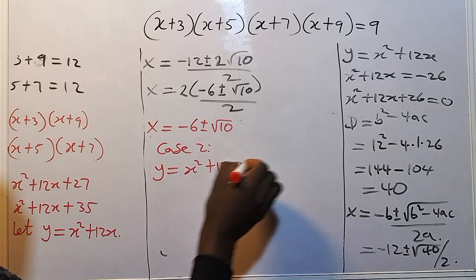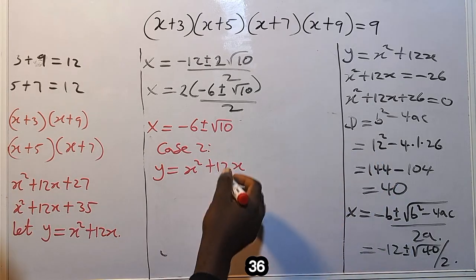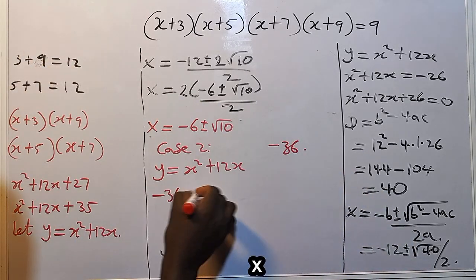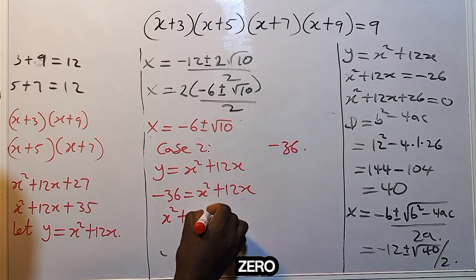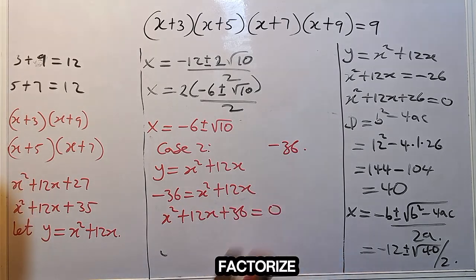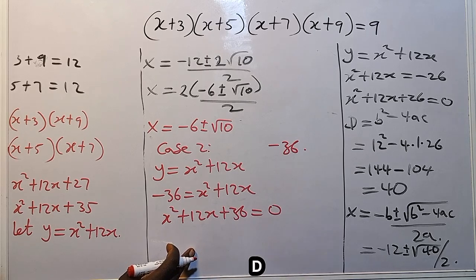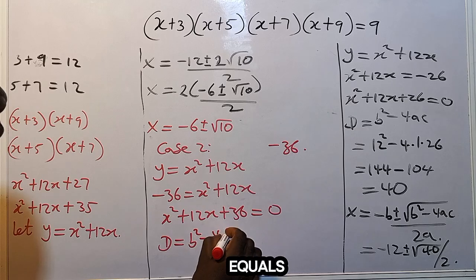Now the second case, which is case 2, is y equals s squared plus 12s, and the value of y was minus 36. So minus 36 equals s squared plus 12s. So s squared plus 12s plus 36 equals 0. Now, when you look for the discriminant, d equals b squared minus 4ac.